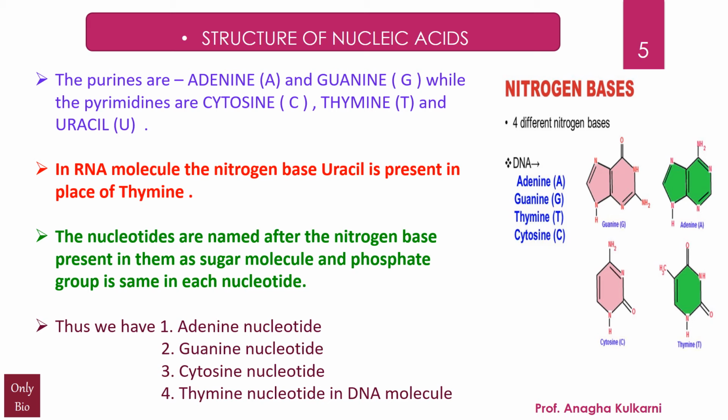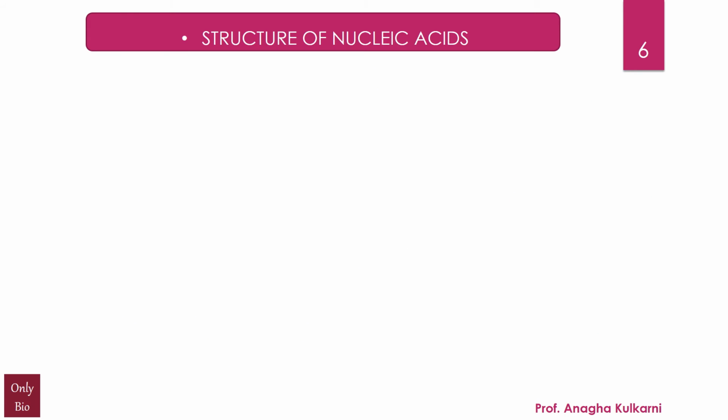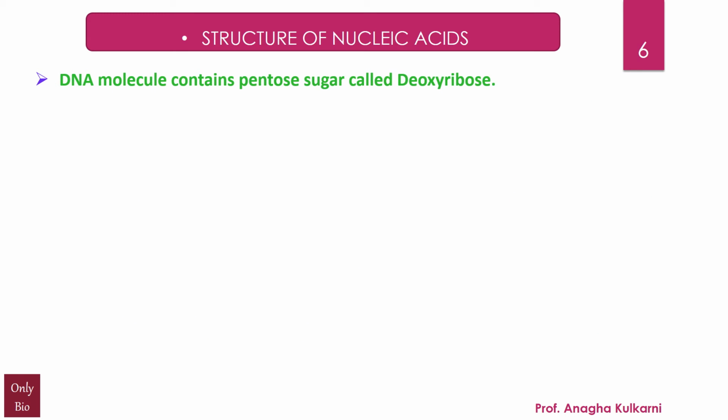Likewise, in case of RNA, it would be adenine, guanine, cytosine, and uracil nucleotide. DNA molecule contains pentose sugar called deoxyribose, whereas RNA molecule contains the pentose sugar called ribose.